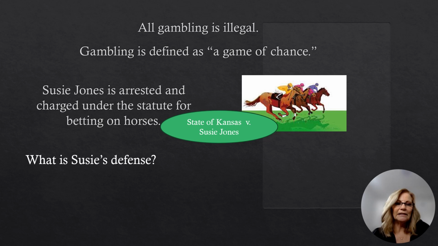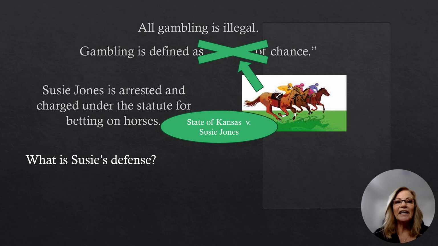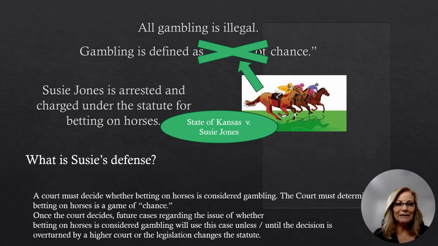What is her defense? She can't say, I didn't know it was illegal, because if a normal person can interpret it, you can't use that as a defense. So what is she going to say? She's going to say it's not a game of chance. If it's not a game of chance, it's not gambling, right?